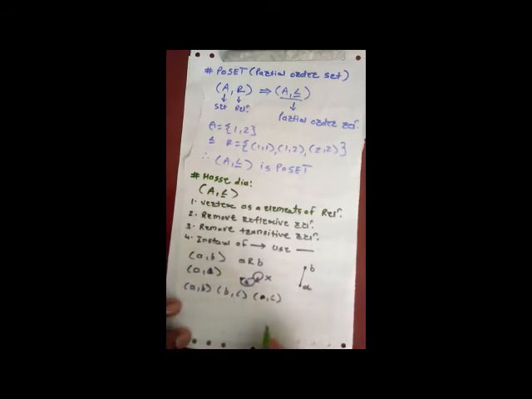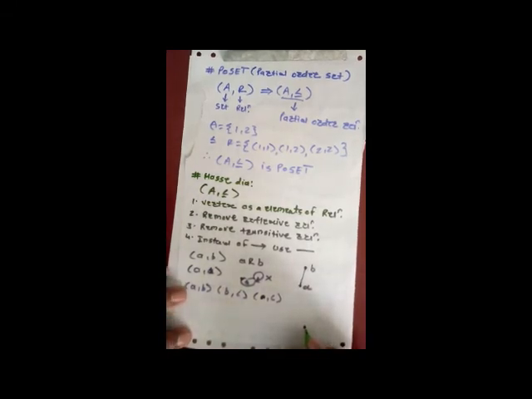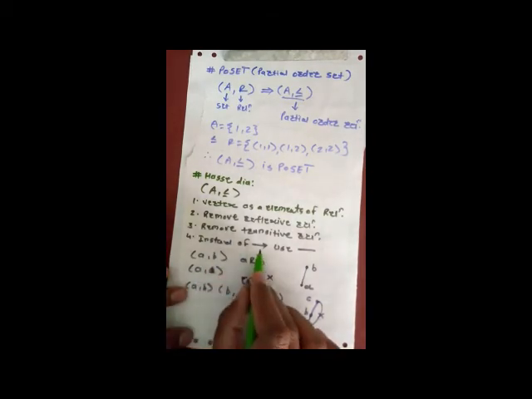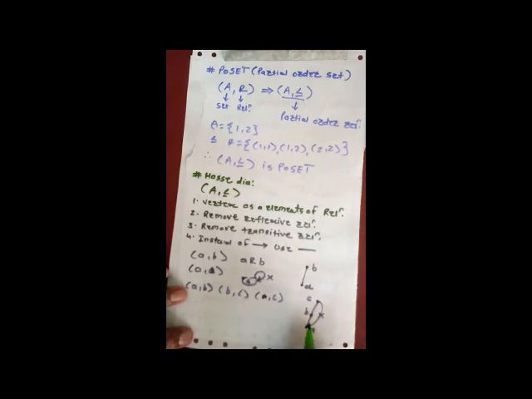That is, if there is a to b, then b to c, then it is not necessary to connect a to c, so we remove the transitivity. And fourth, instead of arrows we have to use straight lines to join the elements.